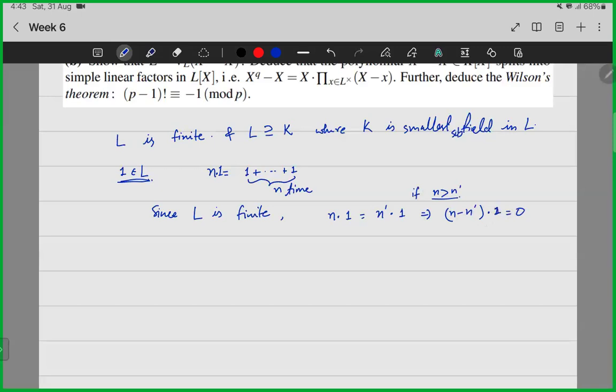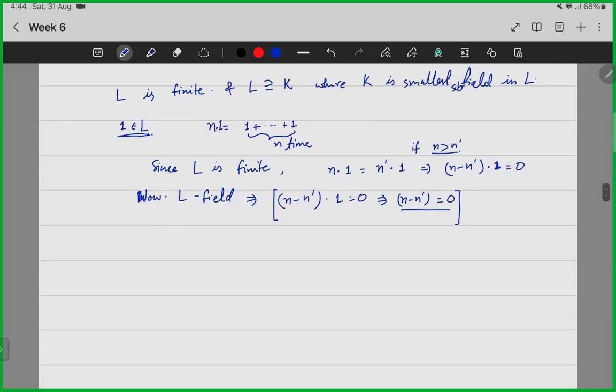Since L is a field, we are in a domain. So n minus n prime into 1 is 0, which implies n minus n prime is equal to 0, because 1 is not 0. But what is this? This is some integer.